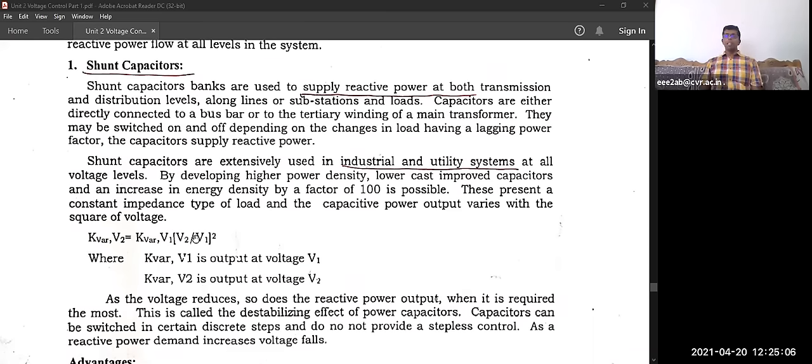In industries, officials from the electricity board and distribution corporation will come for frequent checks. Assistant engineers or executive engineers will go for frequent raids, or frequent checks like that. In that case, if they are not maintaining the power factor constant, or the reactive power, they will be fined with a power factor tariff.